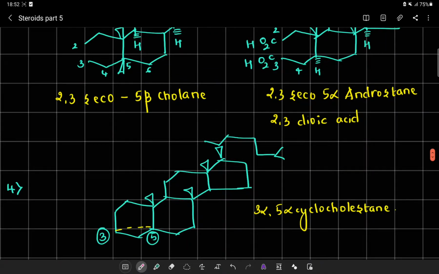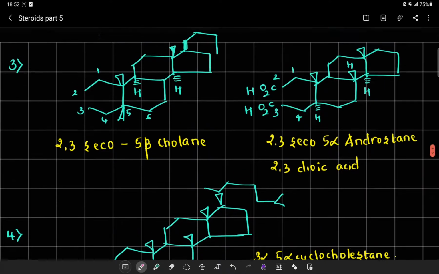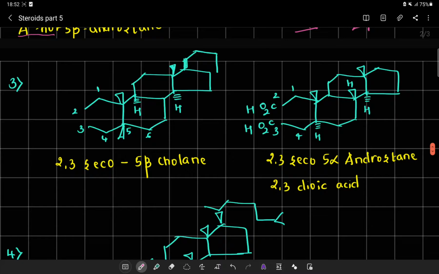Then comes the third important system where we understand about ring cleavage. Now the ring fission with an addition of a hydrogen atom to each terminal carbon atom is indicated by the carbon atoms where the ring has been cleaved followed by the prefix seco.